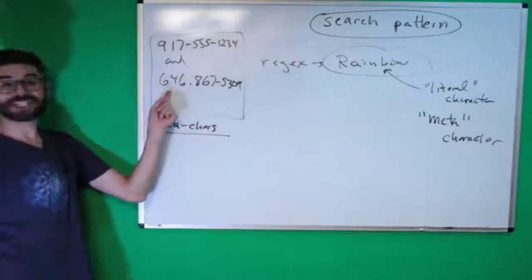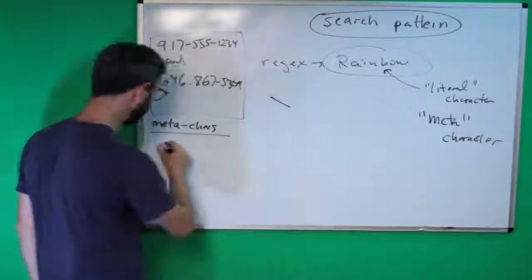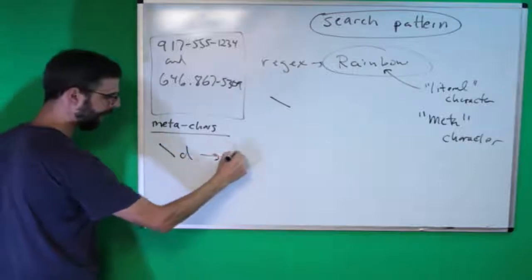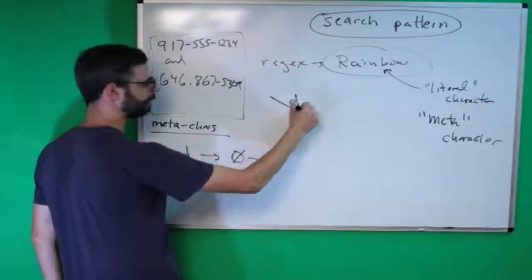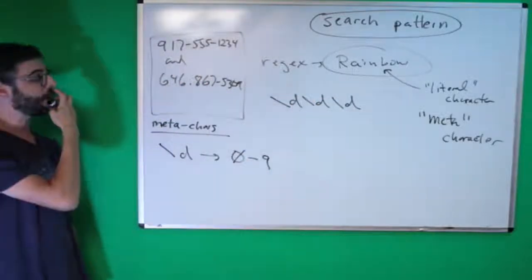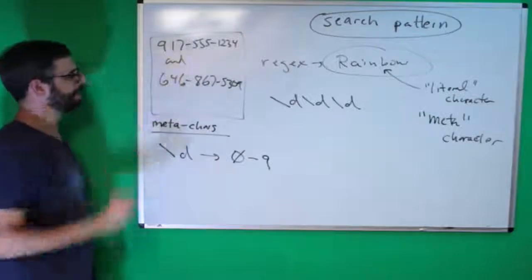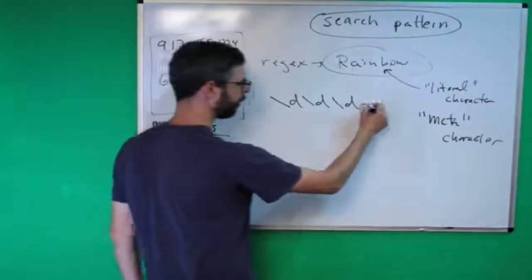So the first thing I want to match is any digit. So guess what? Backslash d means any digit 0 through 9. Backslash d followed by backslash d followed by backslash d, followed by what? In this case, it's always followed by a dash. So dash.